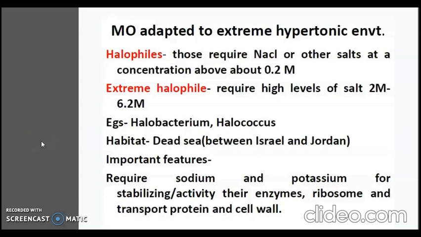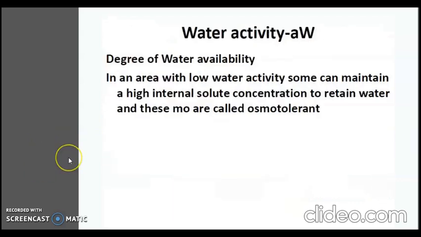Some microorganisms such as Halobacterium salinarium use potassium ions to raise their osmotic concentration. Organisms which can tolerate a wide range of osmotic concentration are referred to as osmotolerant organisms. For example, Staphylococcus aureus can tolerate a wide range of salt concentration. They are also termed as halotolerant.